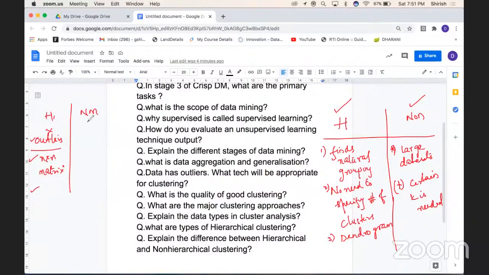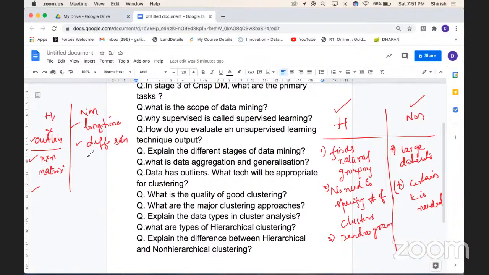Yeah, we know that for non-hierarchical, definitely it would take a long time for termination. Whenever you talk about this, the initial partition would be different, and due to this initial partition, you will get different solutions. So what is the final solution?